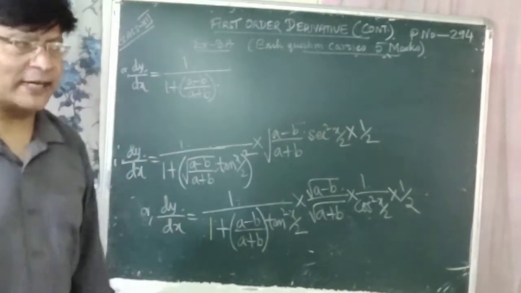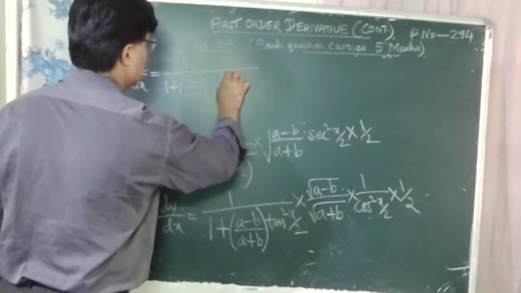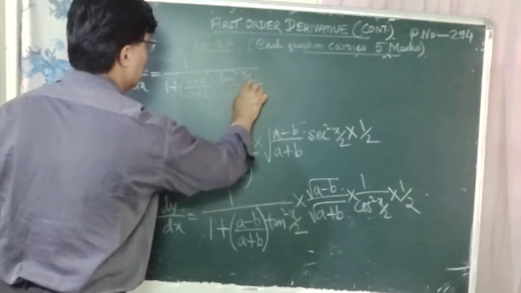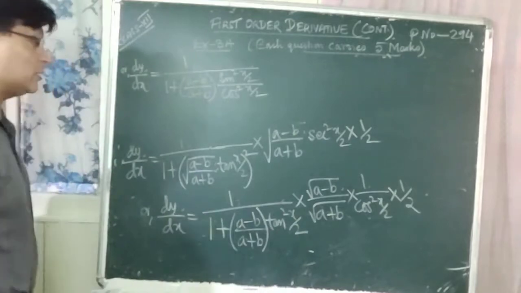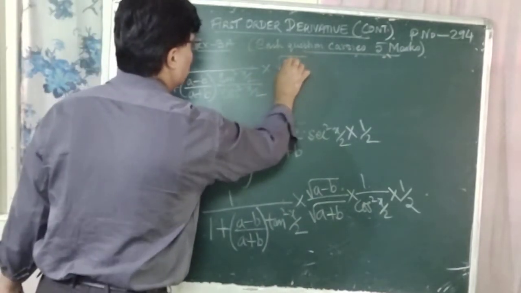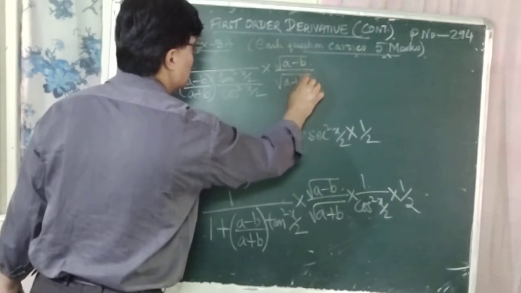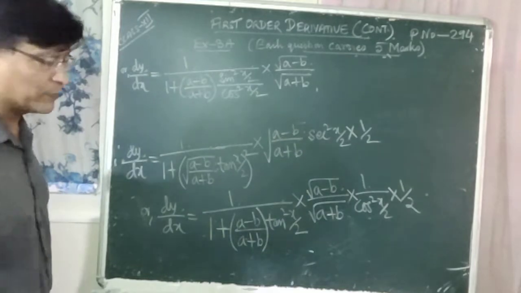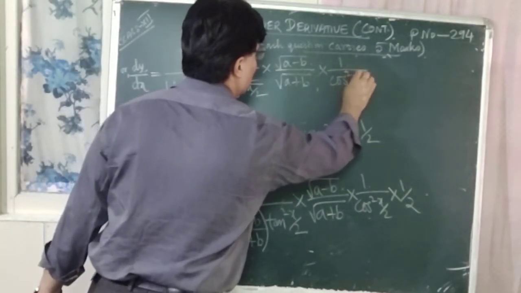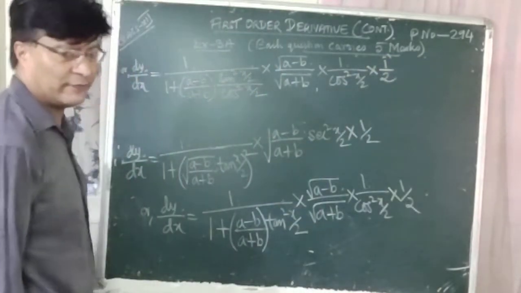What is the formula for tan square x by 2? It is sin square x by 2 divided by cos square x by 2. Okay, into root a minus b upon root a plus b into 1 upon cos square x by 2 into half.